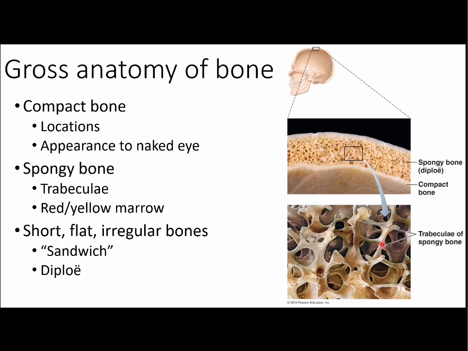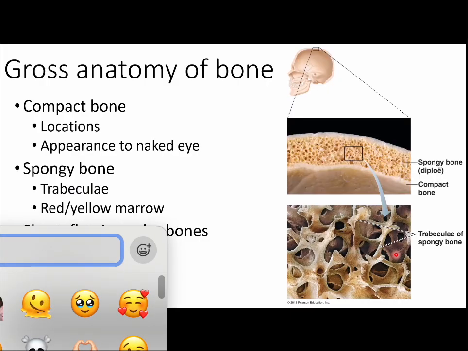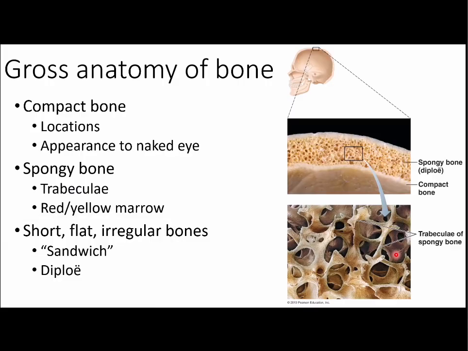So this is a trabeculae. This is a trabeculae. So spongy bone is full of trabeculae. And these open spaces that we see here, this is where we can find bone marrow, red or yellow bone marrow in our spongy bone. Most of the time it's going to be red bone marrow in our spongy bone.